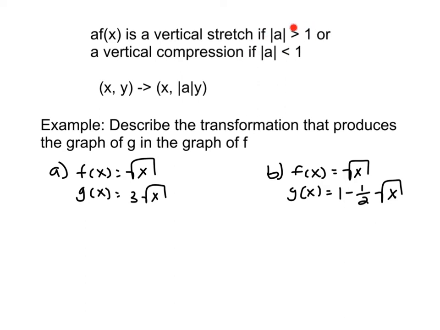So this is the case in the previous slide, where it was a stretch when a was 2, right? It was 2 times f of x. And it was a compression when a was 1/2. It was 1/2 times f of x. So the way you do vertical stretches and compressions is you just multiply the y coordinate by a. That's it.